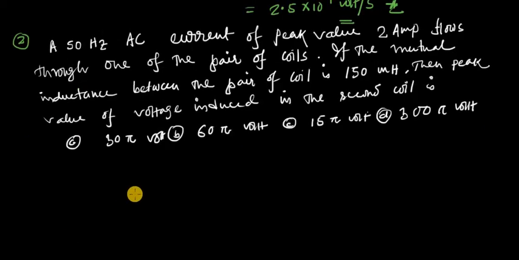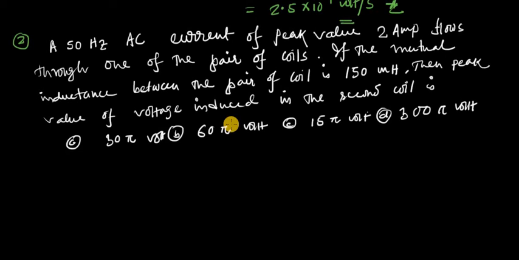This is our next problem. This is also a very good problem. A 50 Hz AC current of peak value 2 ampere is flowing through one of the pair of the coils.